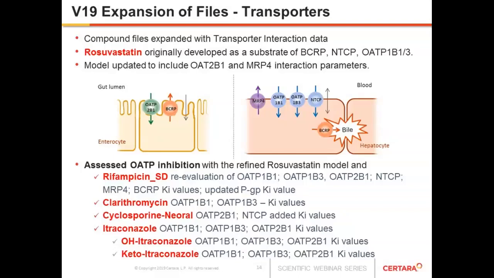And the Itraconazole file now has additional interaction parameters added for OATP1B1, 1B3, and 2B1. And this has been done for the parent file and also the hydroxyitraconazole metabolite file. I should also mention that the ketoitraconazole metabolite file has also been added in version 19, but this is available as a research file only on the members area of the Certara website.